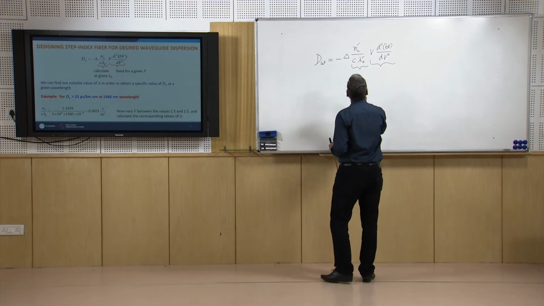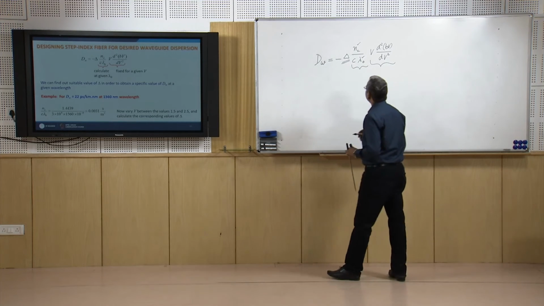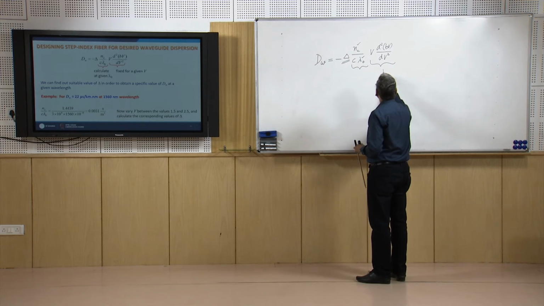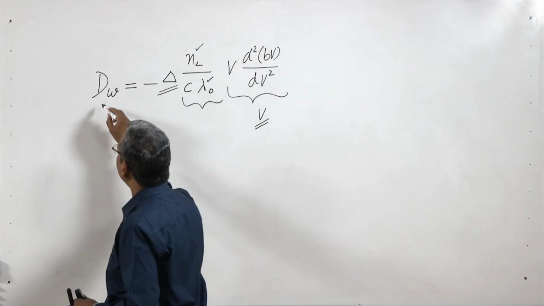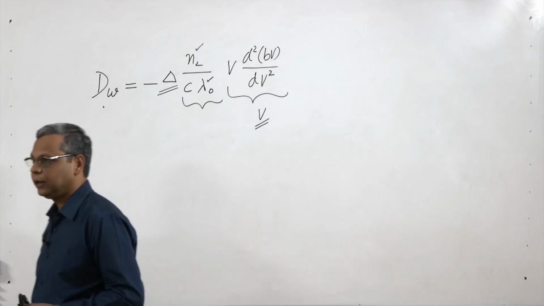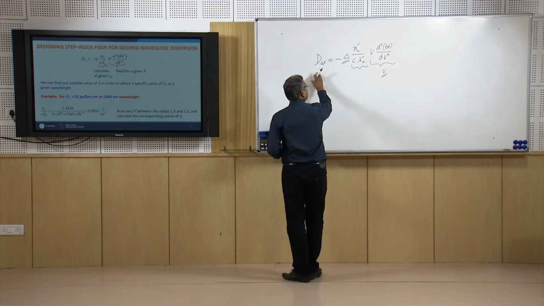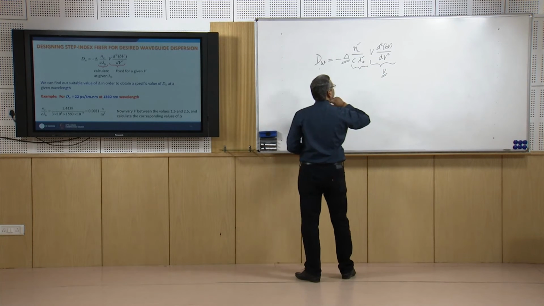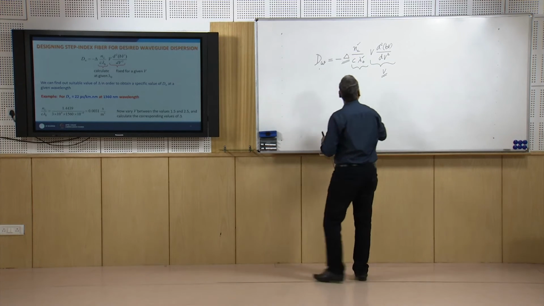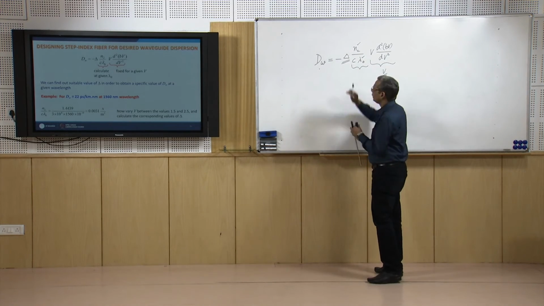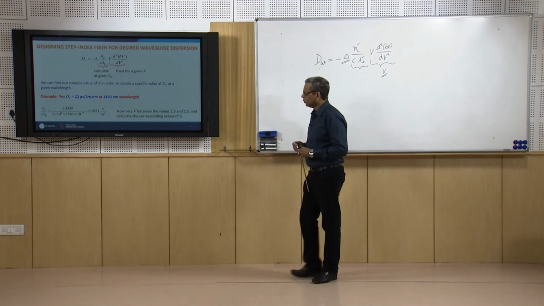Then what I can do now, if I change delta for a given value of V, then I can obtain a desired value of dW. So, if I fix dW, then I change the value of V and change the value of delta, then an appropriate combination of V and delta can give me a desired value of dW.